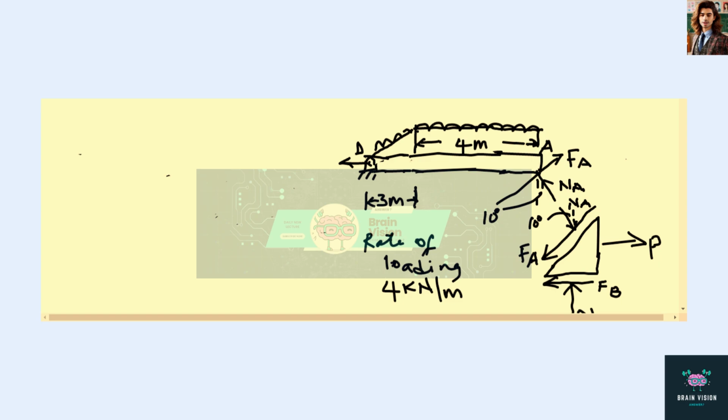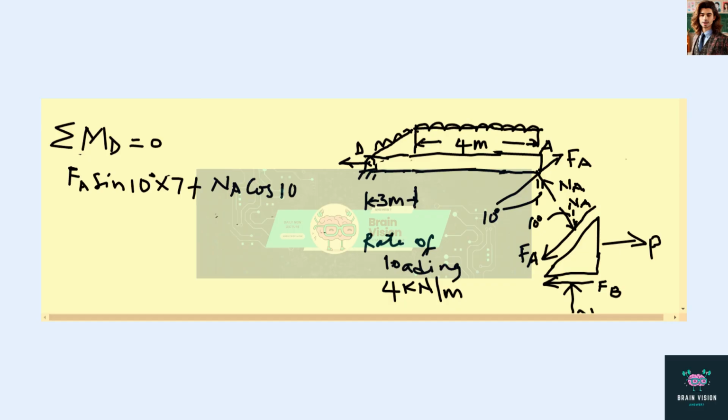The summation of moment about D is equal to 0, so that we have Fa, the frictional force at A, sine theta, which is sine 10 degrees inclination there, times 7, the distance, plus the other force Na, the normal reaction at A, cos 10 degrees, distance is still 7, minus the distributed load.